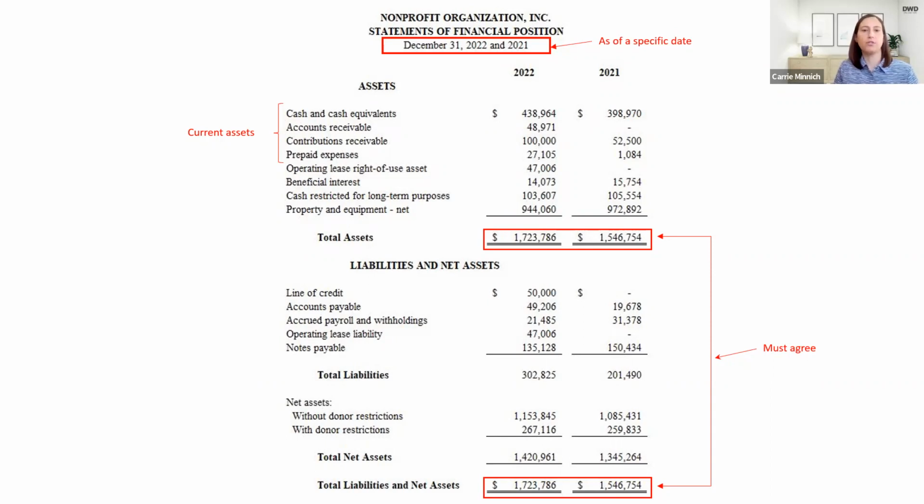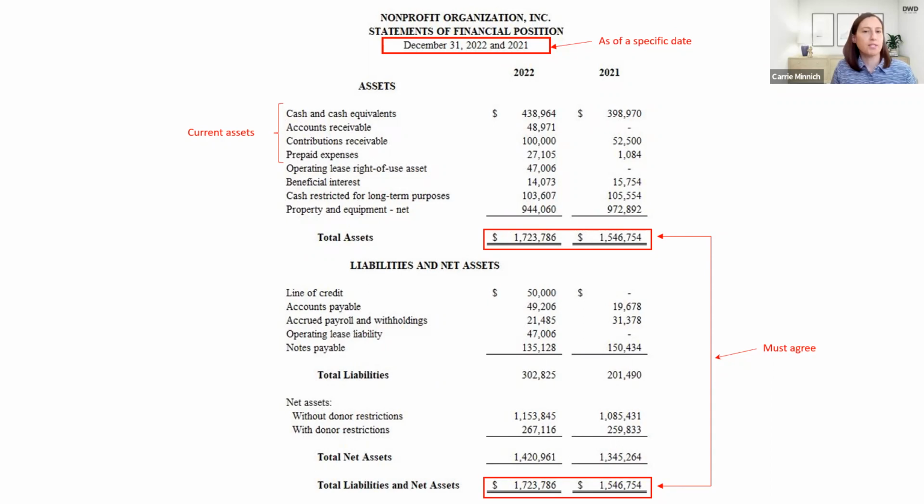So we are going to put those items on our balance sheet as an asset, and then we're going to expense that asset through depreciation over the life of the asset, as opposed to expensing that full cost in the first year. So that's what fixed assets, property, and equipment are.